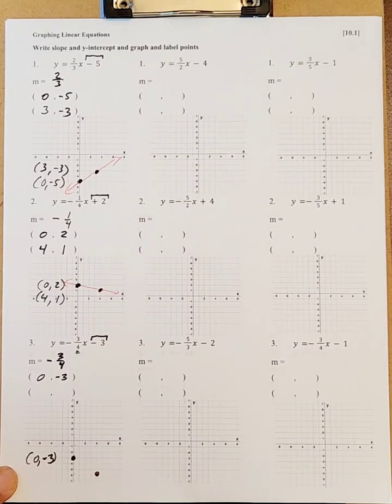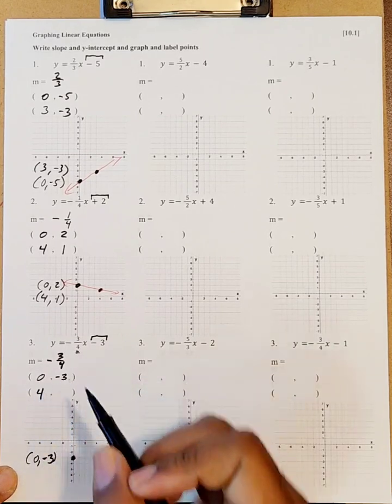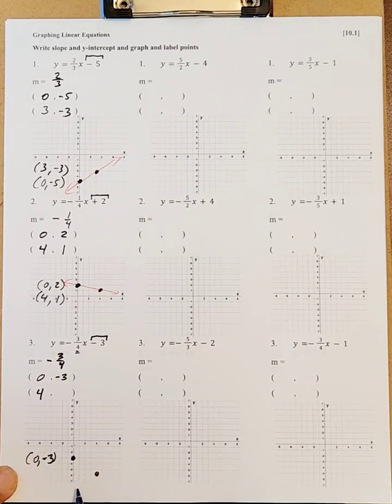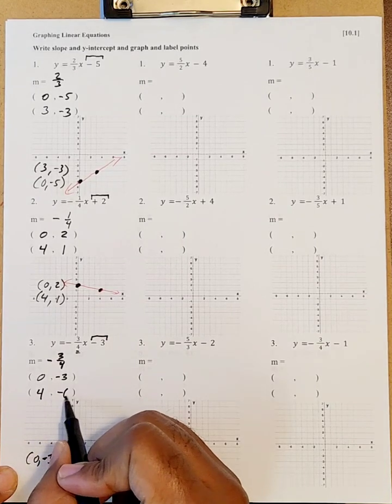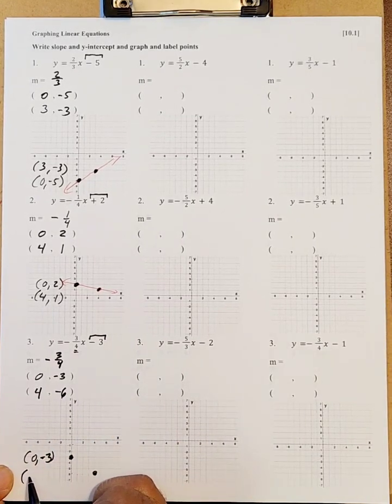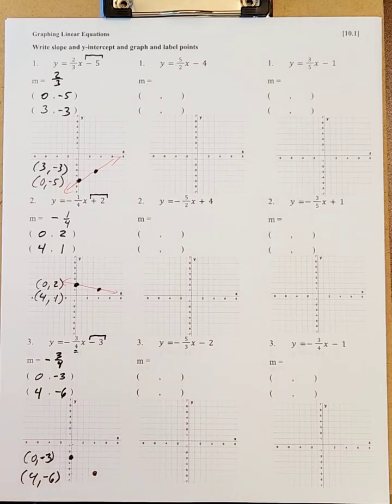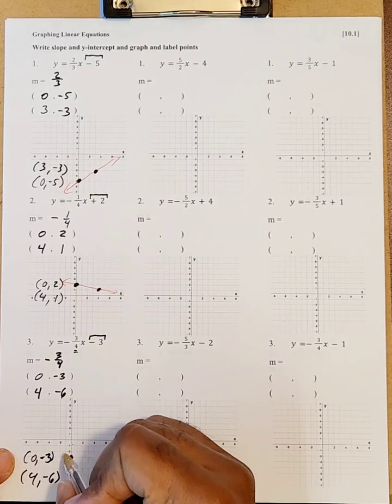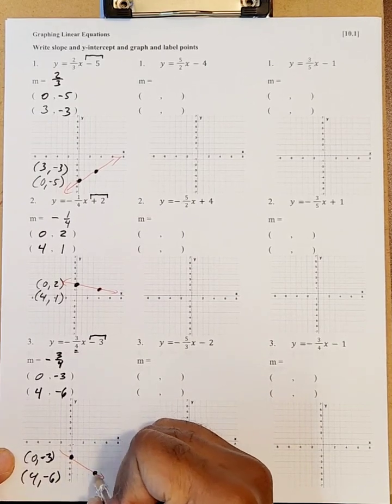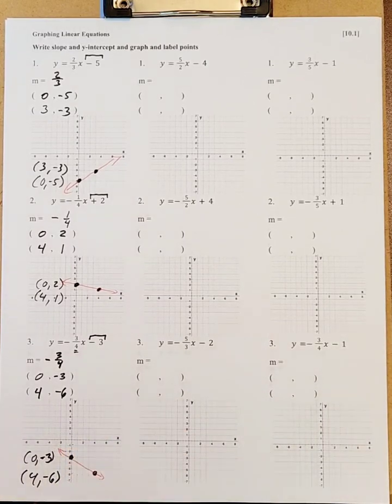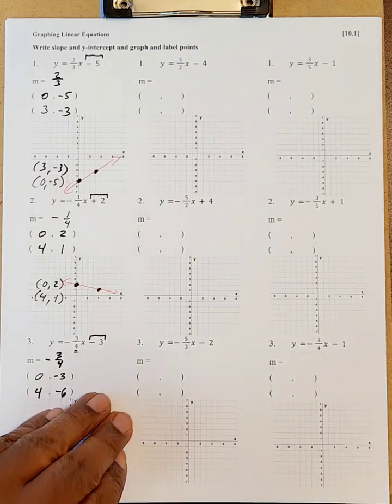Now, that new point that I just made, that is x is 4, and y is a negative 6. So that's a 4 and a negative 6 for that point. And then we draw a line through those 2 points.